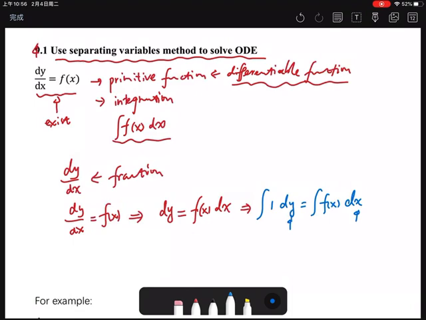Alright, so the left hand side becomes y plus constant c1, and equals the right hand side, the primitive function. Suppose it is capital Fx and then plus constant c2, and however constant c1 and constant c2 can be combined together. So finally it will be y equals capital Fx and then plus 1 constant c.